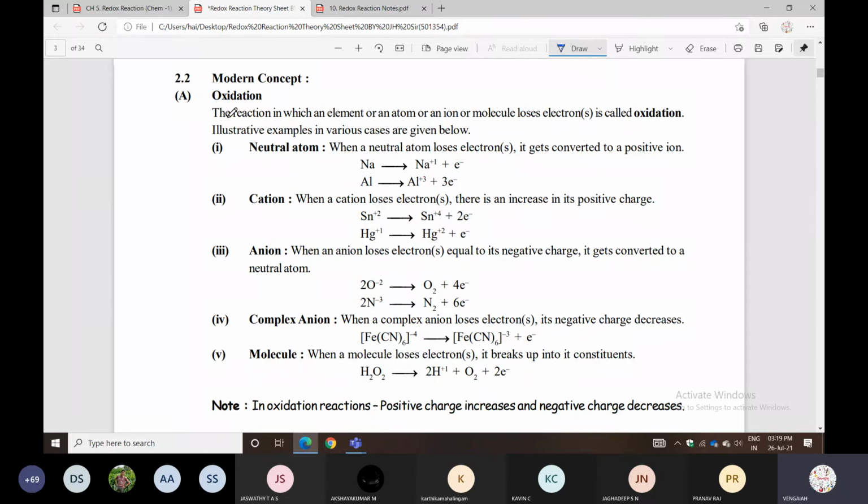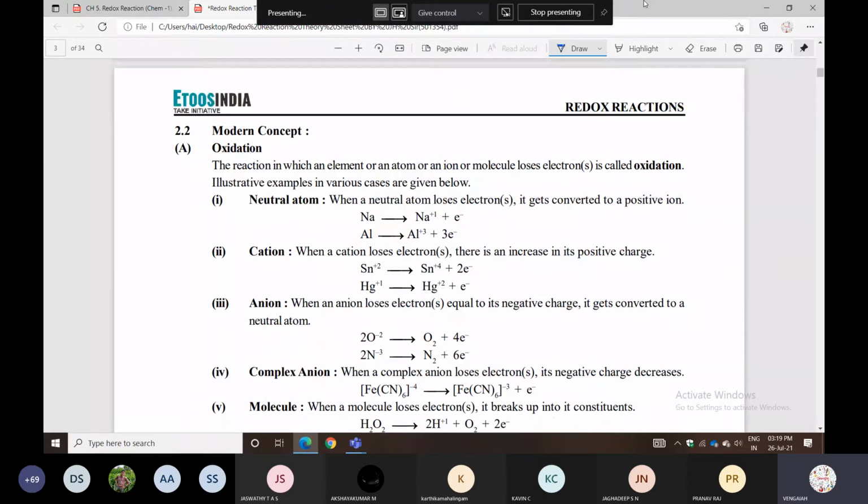What is the modern definition? The reaction in which an element or an atom or an ion or a molecule loses electrons is called oxidation.